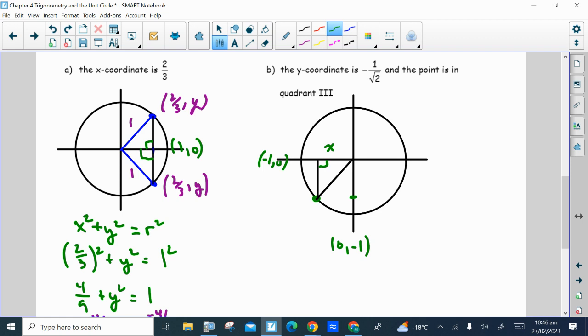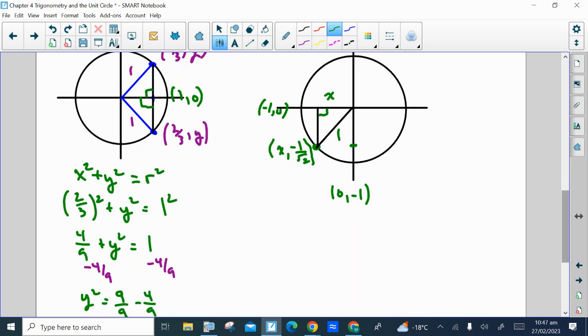Our y value is negative 1 over root 2. And again, because it's a unit circle, the radius is 1. When we set up our Pythagorean theorem, we will get 2 answers for x, a positive and a negative. We're going to use the negative one only here. x must be negative in quadrant 3 because we're going left from the origin.